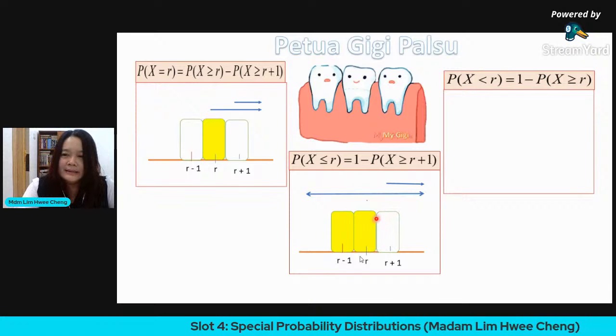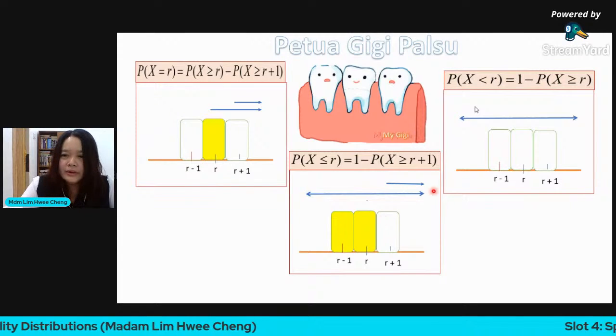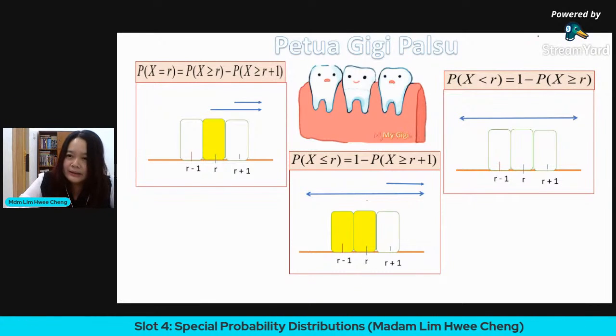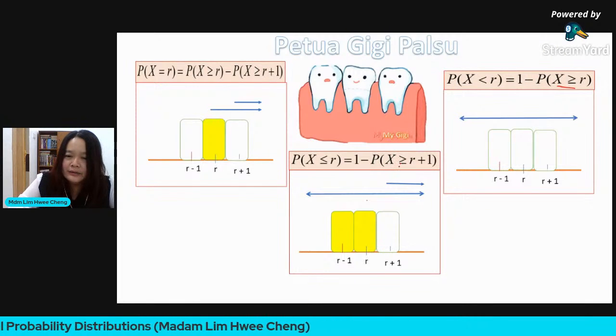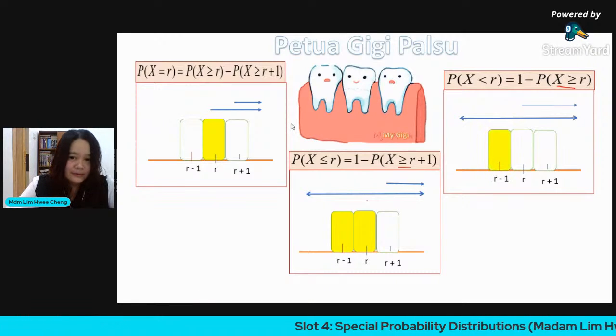For the third one, X less than r, r is not included, so I use the whole gigi as 1 and subtract with r greater or equal than 1, because what we can read from the table is X greater or equal. So I subtract, and I will get this. This is how I teach my students.